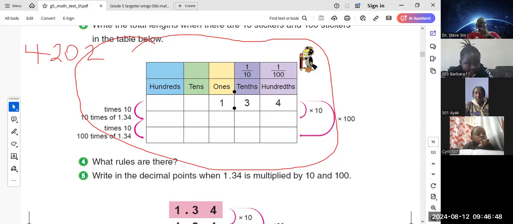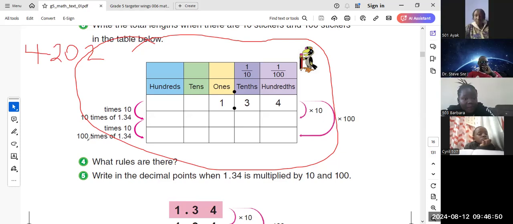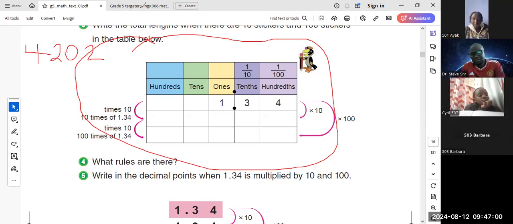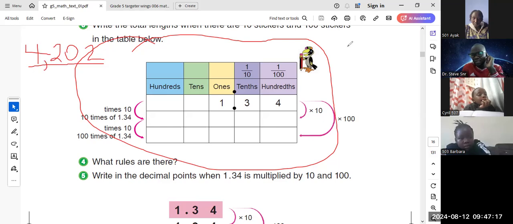Barbara, what is the... Yes, Ayak, what is the place value of 4 in that digit? Ayak, your hand is up, so unmute yourself and tell us the place value of 4 in this digit, 4,202. What is the place value of 4?